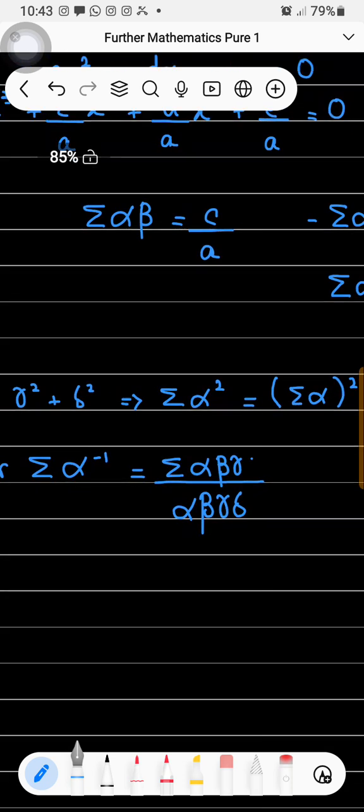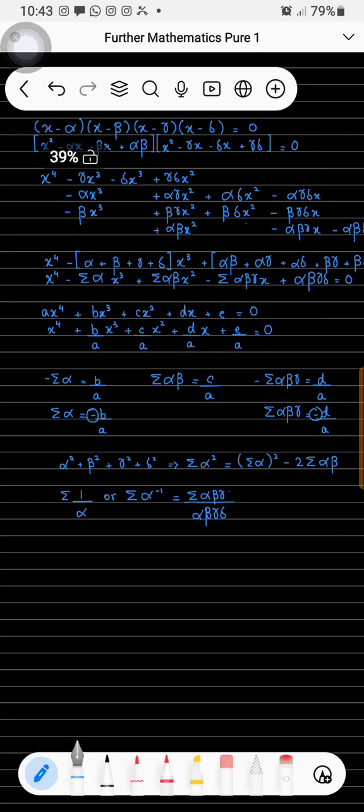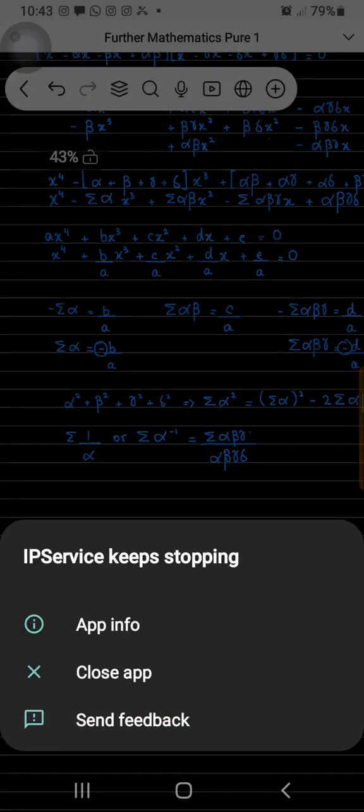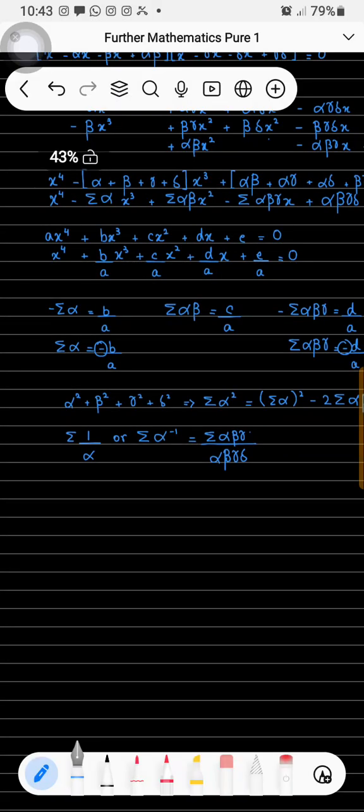Now we got this formula also. Let me introduce one last formula, and then I think we will have no more formulas in this topic, and we will just directly go for questions.